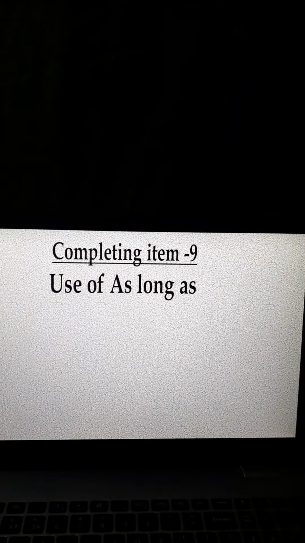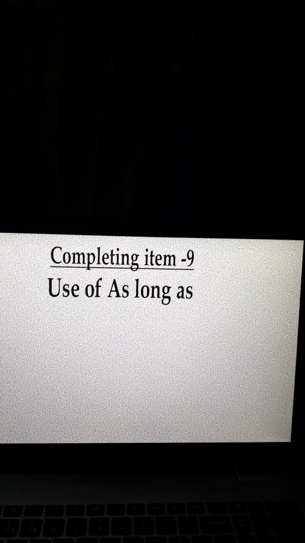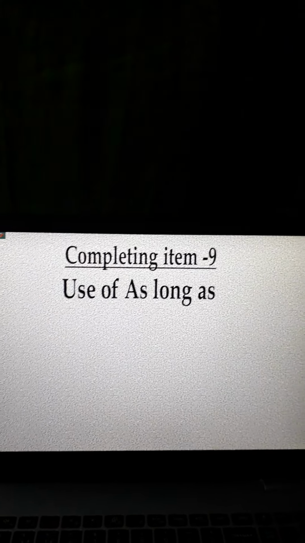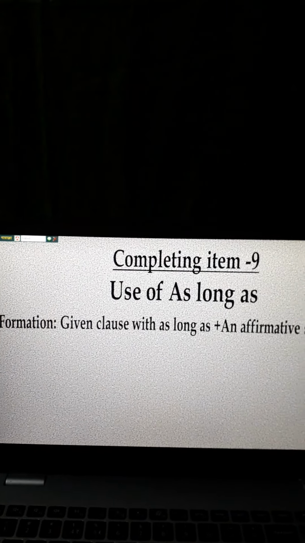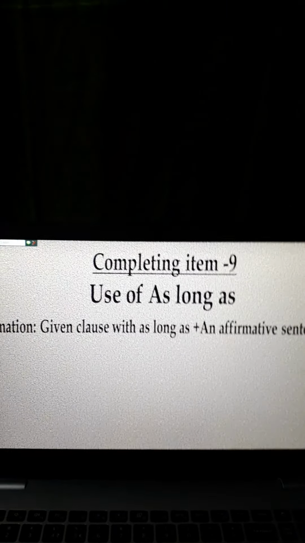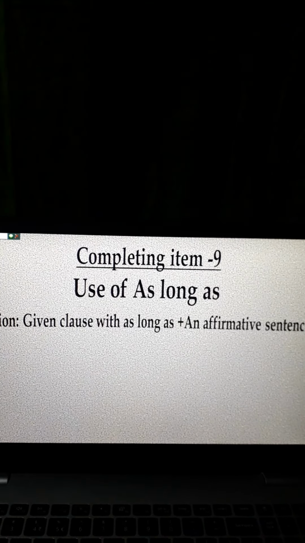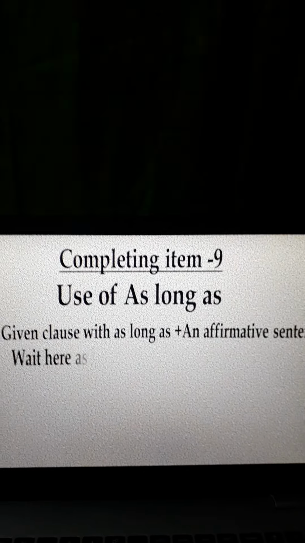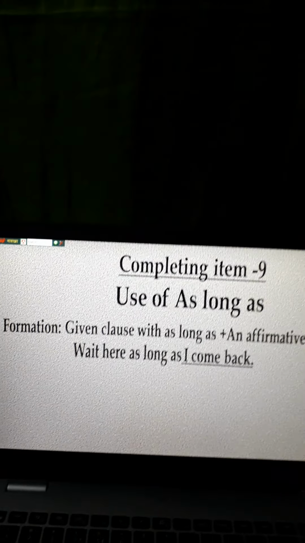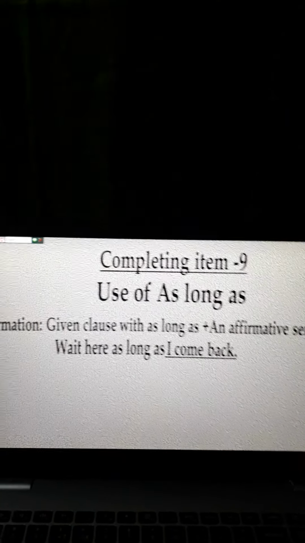Completing item number 9. Use of as long as. Formation: given clause with as long as plus an affirmative sentence. Wait here as long as dash. The answer will be I come back.